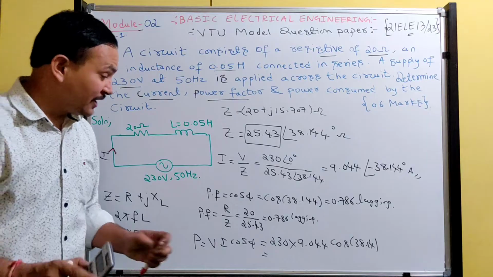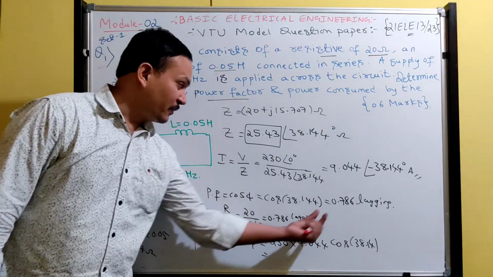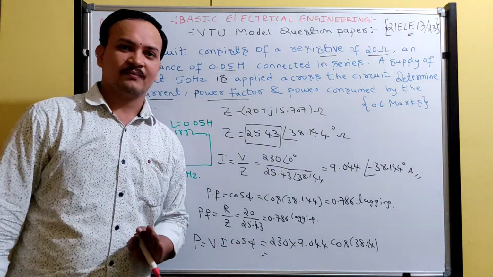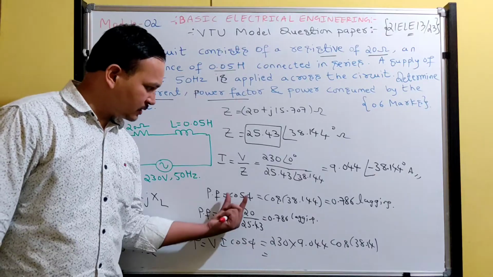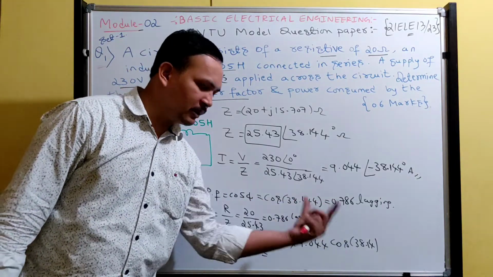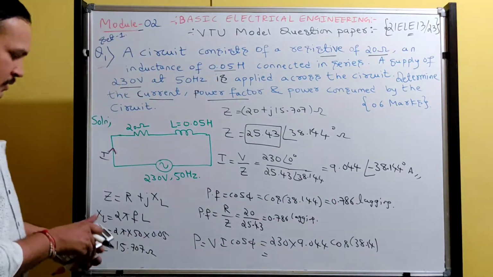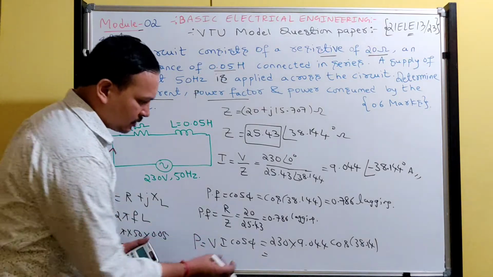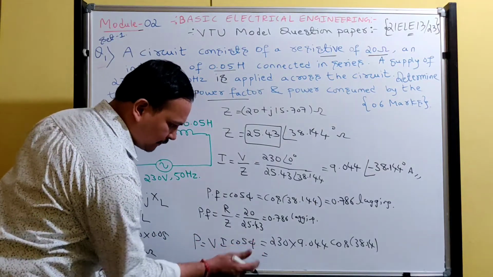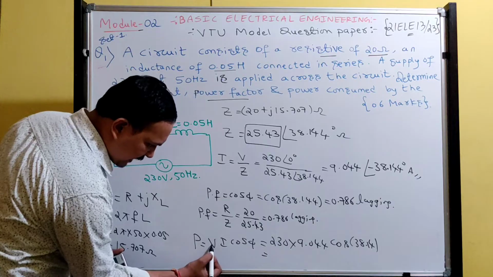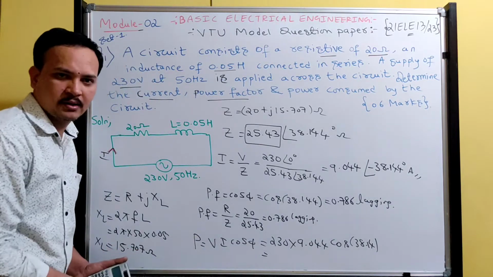But don't take cos 0.786, that is wrong. The cos phi value itself is 0.786, so you take the value directly. Otherwise, I put cos of the value of phi, the angle between voltage and current.